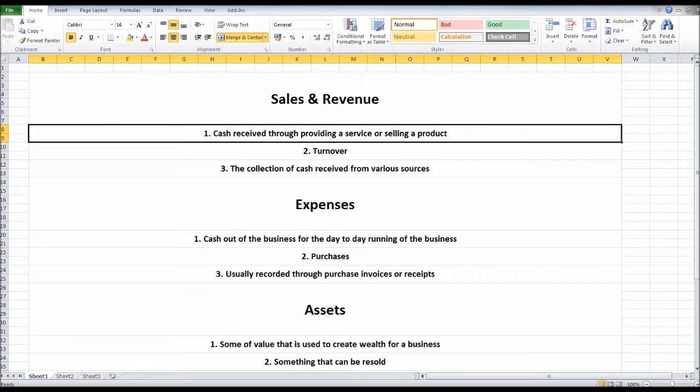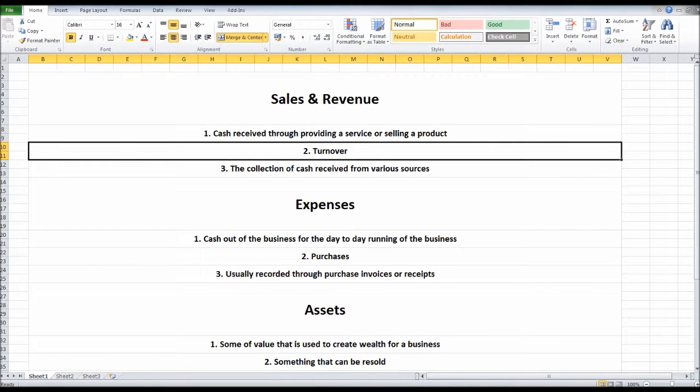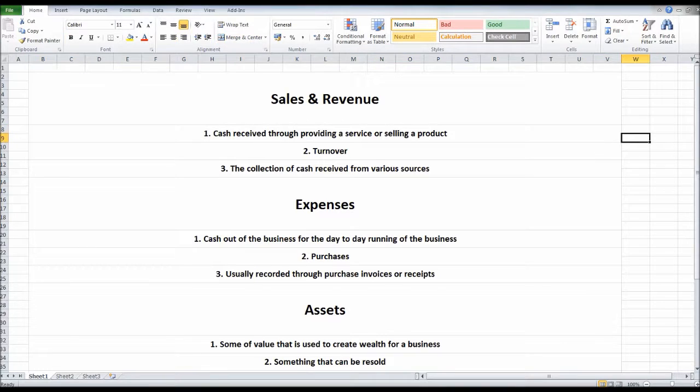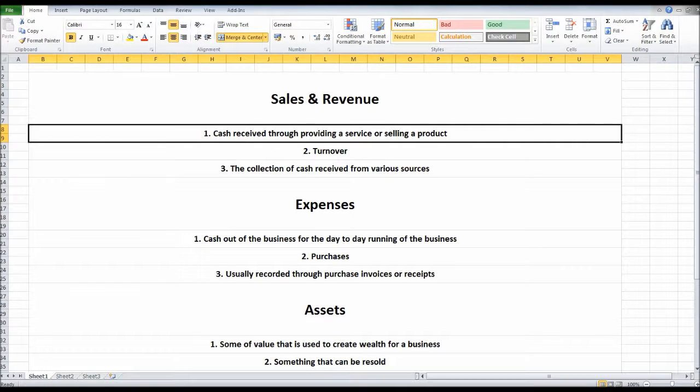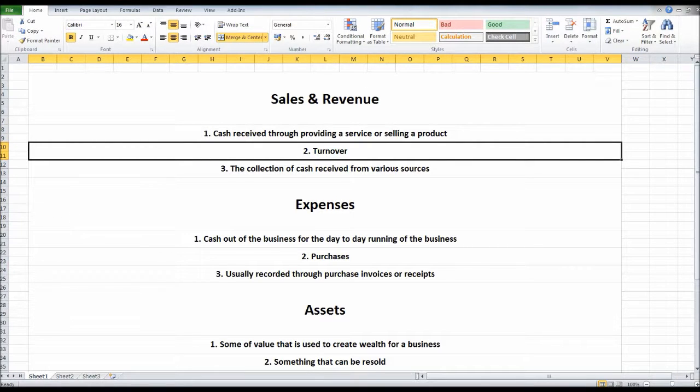Or if you provide a service, say you are a bookkeeper or accountant like me, if you do someone's accounts for them, perhaps file a tax return, you would charge a fee for that, and that is the sale. Sometimes sales are referred to as turnover, the turnover of the business, or the amounts of sales in monetary value for the business.